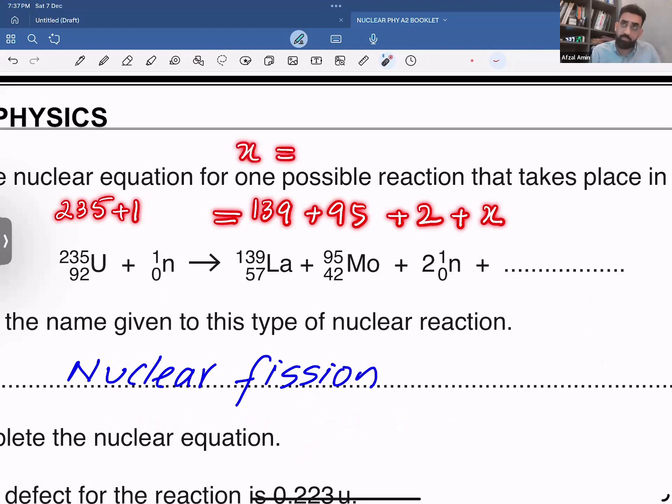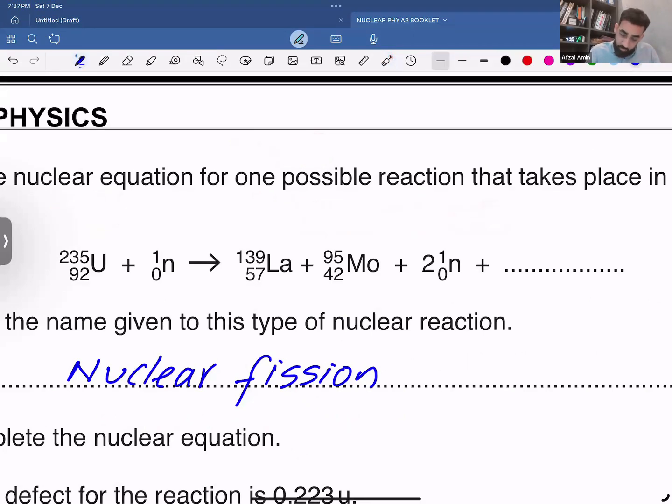How much x comes? 0, yes? So 0 means up, whatever the particle, its nucleon number will be 0. If you go down, my dear students, this is 92, this is 0, should be 57 plus 42 plus 0 plus x.